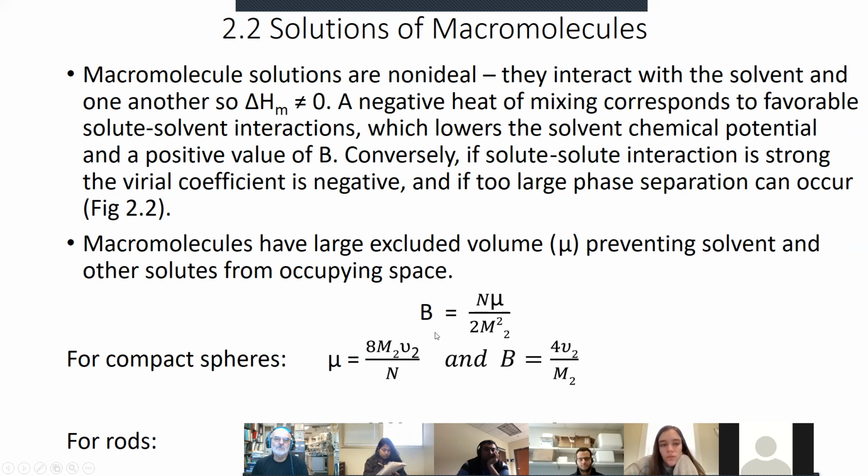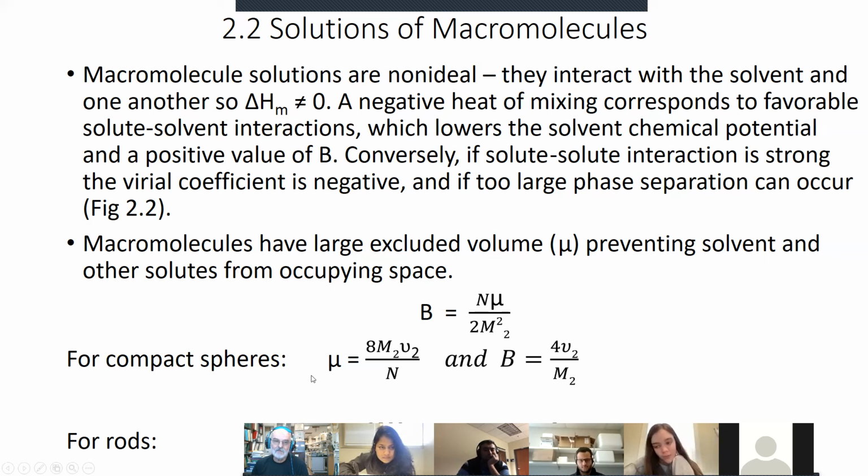This is for a structure that is uncharged at the moment. So this general equation for excluded volume, this general equation for a virial coefficient, I said that wrong. This is a general equation for a virial coefficient, and it has to do with the excluded volume corrected for the molecular weight. That's the correct way to say what I just didn't say.